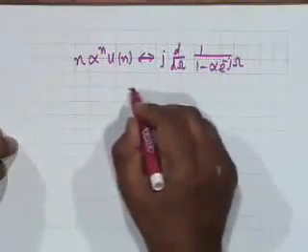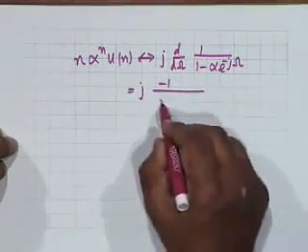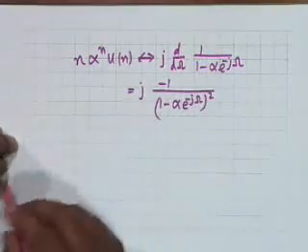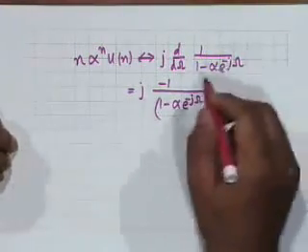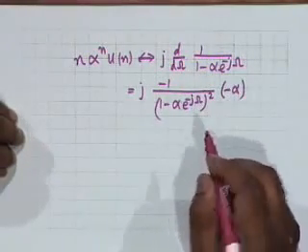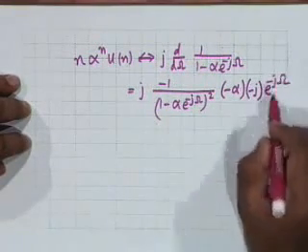N times alpha to the n u of n, the Fourier transform is j d d omega of 1 by 1 minus alpha e to the minus j omega, this I can write as j times minus 1 divided by, let's do it carefully, 1 minus alpha e to the minus j omega whole squared, alright. Then differentiation of this with respect to omega, so we shall get minus alpha times minus j e to the minus j omega.